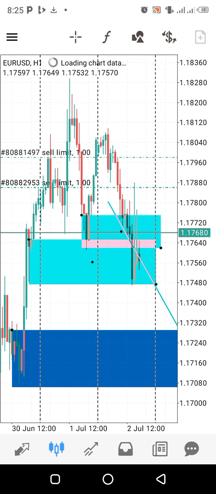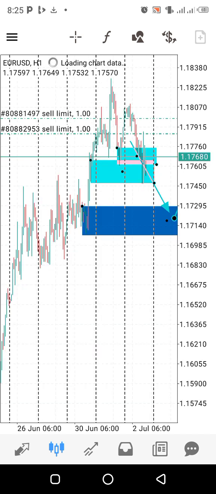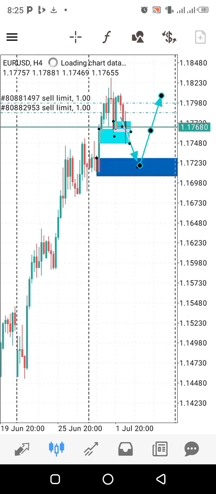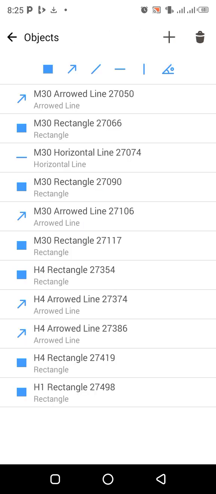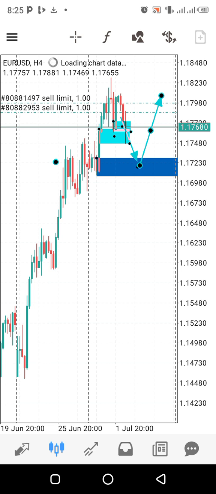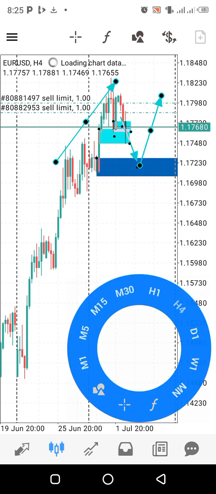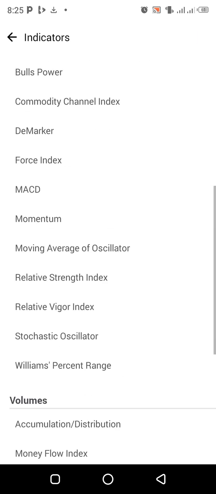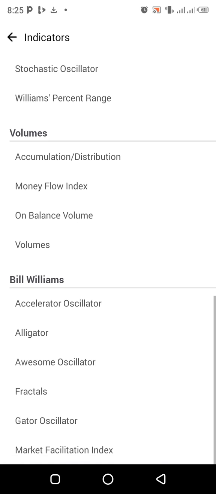showing any strength. Okay, but now for further confirmation you can simply go to your charts, and for instance on the H4 here you see that market is making higher highs. Go to the awesome oscillator. What does the awesome oscillator show you? Okay, here we go.